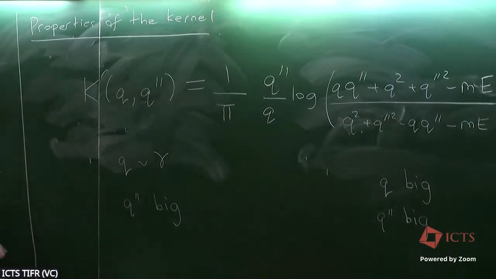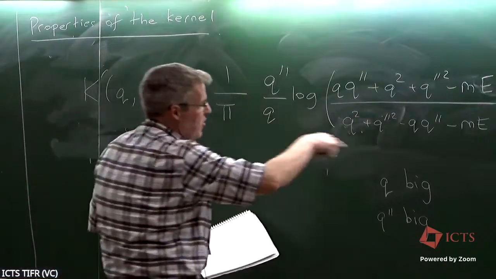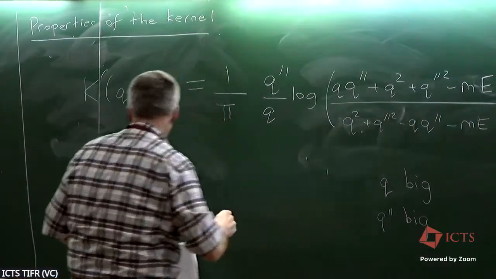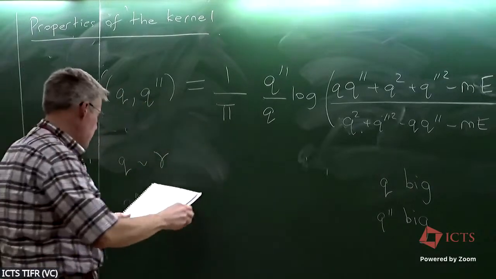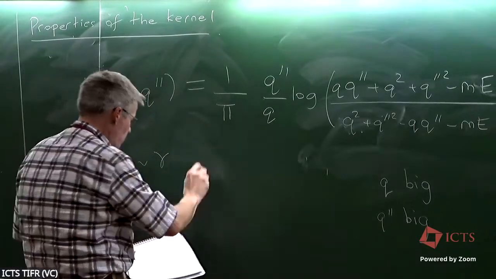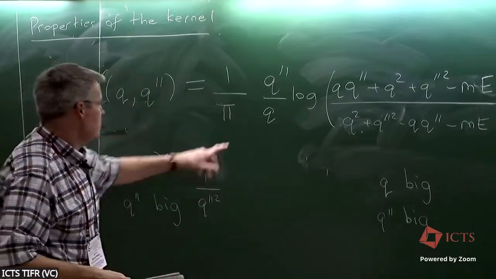So in this regime, everything is fine. In this regime, this log thing, if you expand it out, or indeed if you just go back to the original 1 over blah, blah, blah squared stuff, you discover that that first term goes as 1 over Q double prime squared. All of this stuff.